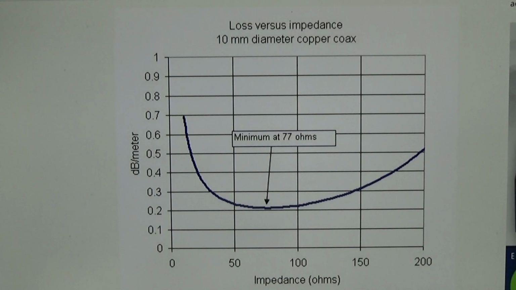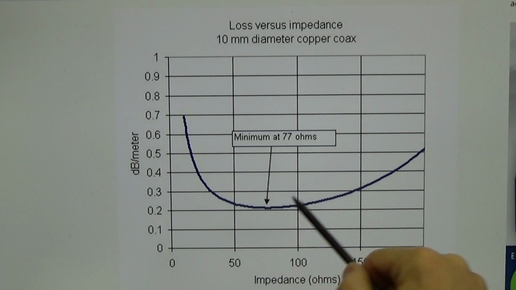And now you maybe get a first clue why we use 75 ohm impedance coax cable for broadcast applications, where we only have to manage receiving signals. And therefore, as this graph is telling us, 75 ohm is perfect.